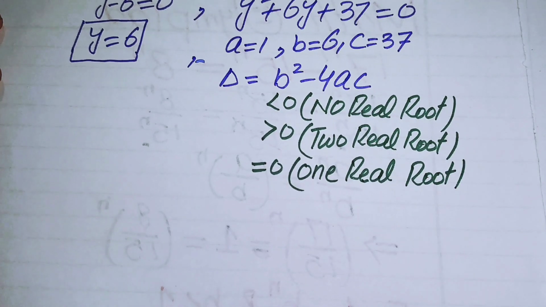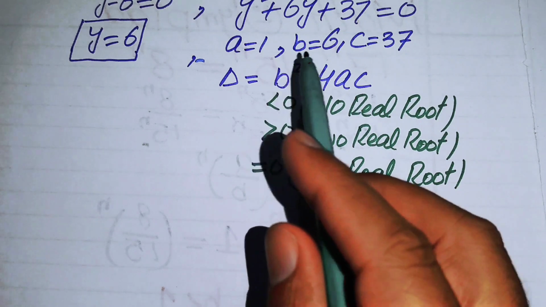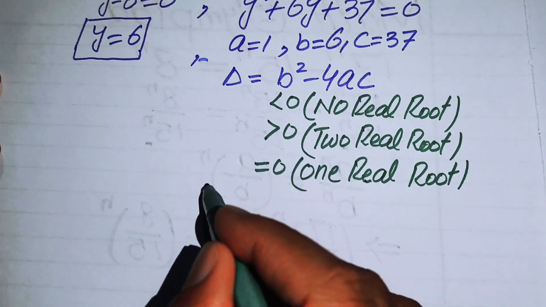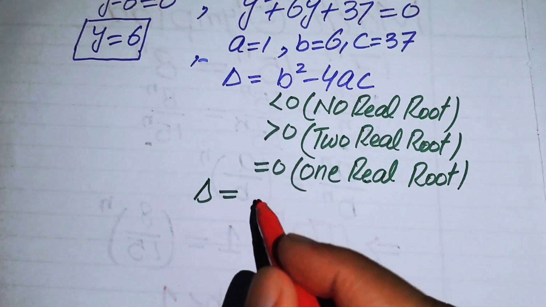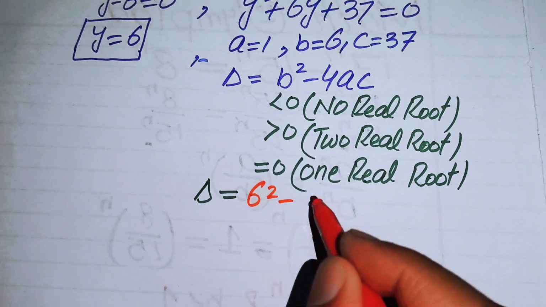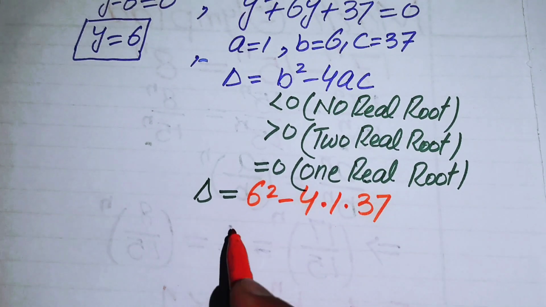So now in the next step, we will check the behavior of this delta by putting in the values of a, b and c. So you get delta equals b squared, and the value of b is 6, so it becomes 6 squared minus 4 times a, which is 1, and c, which is 37.